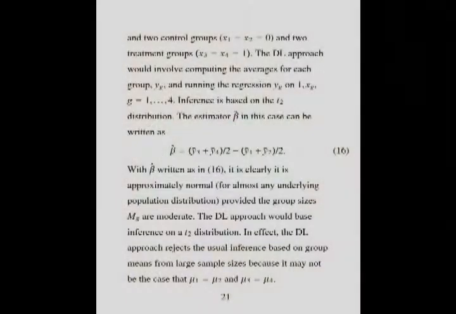On the other hand, you might choose to not care about whether those means are the same and just say, I'm going to define essentially the treatment effect as being the population analog of this thing right here.